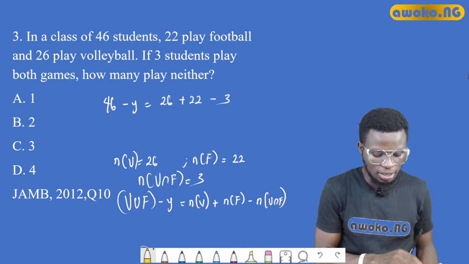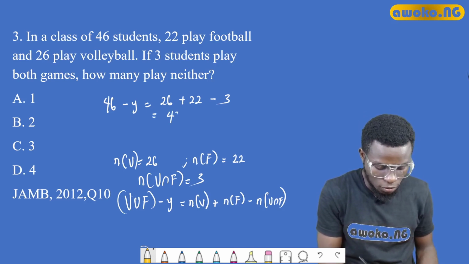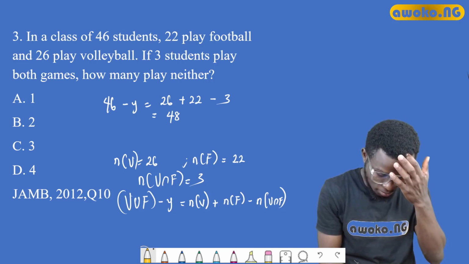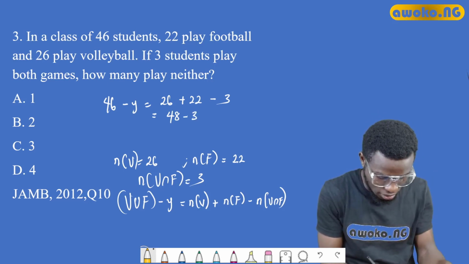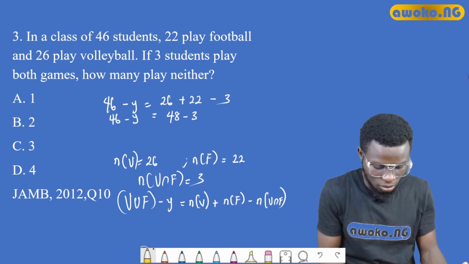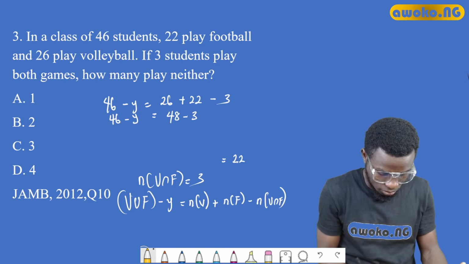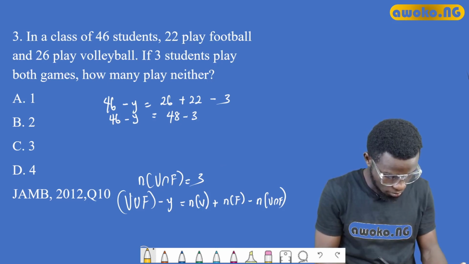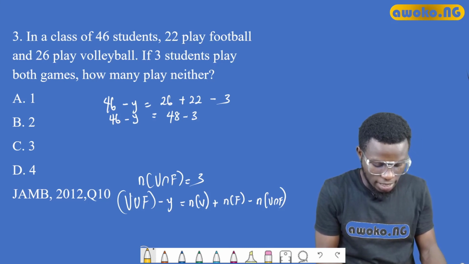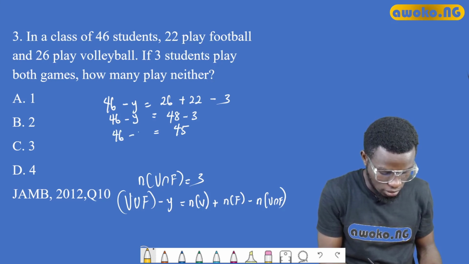If you add the 2 together and subtract 3, 48 minus 3 gives us 45.